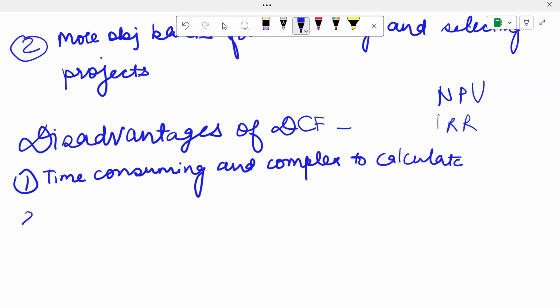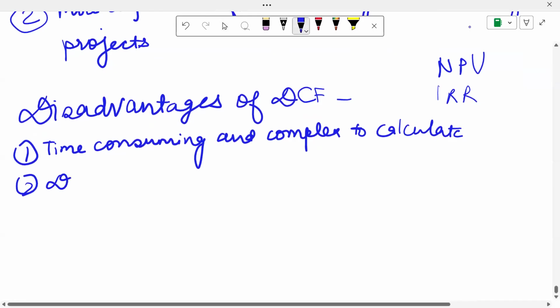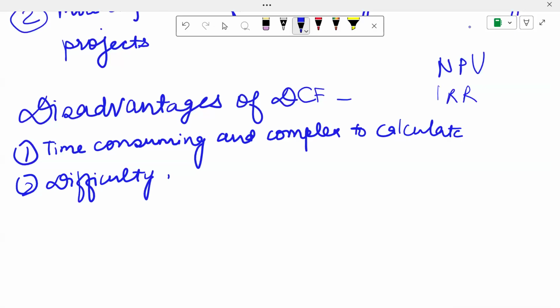Another disadvantage is that it will be difficult for you to explain it to people who do not belong to finance. So, difficulty in explaining to non-financial managers.